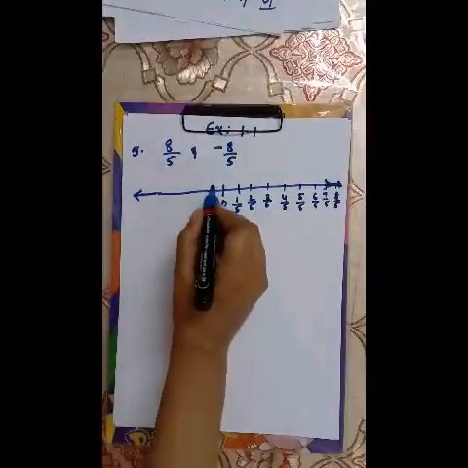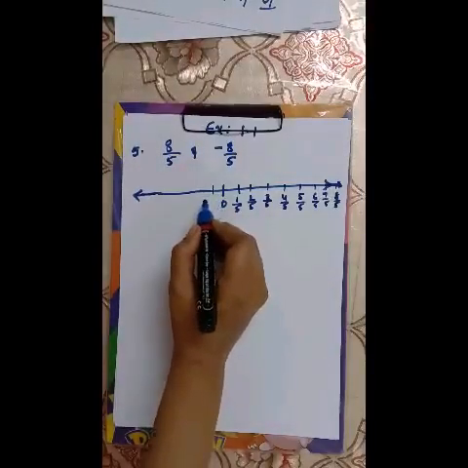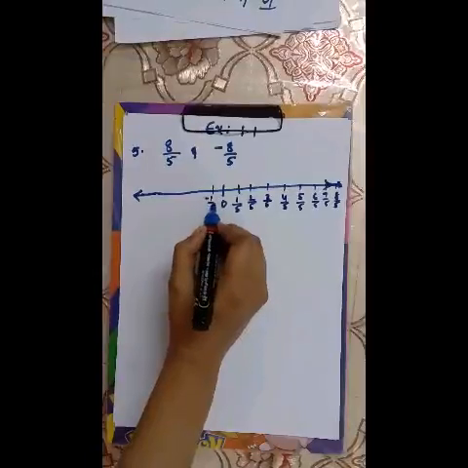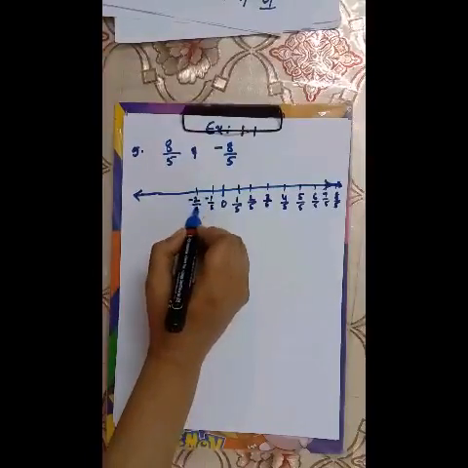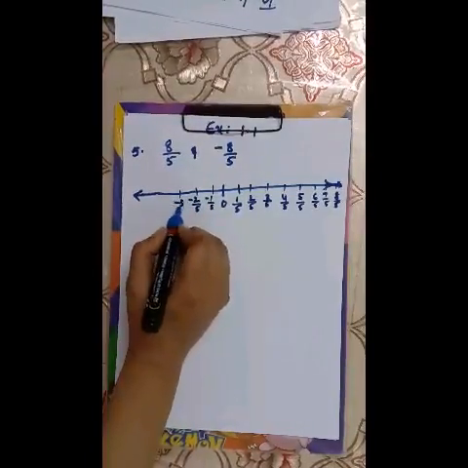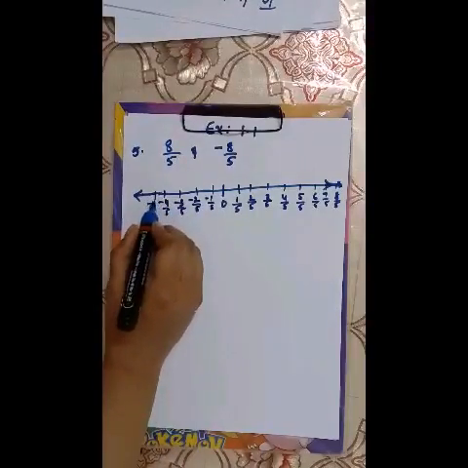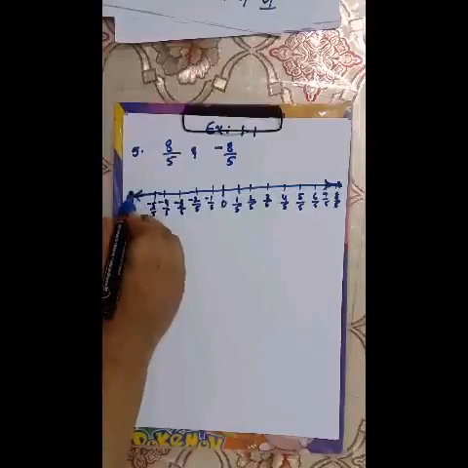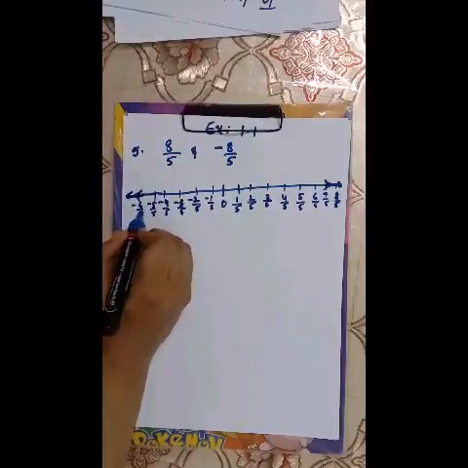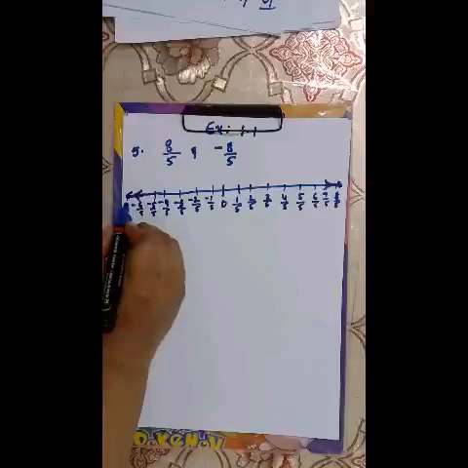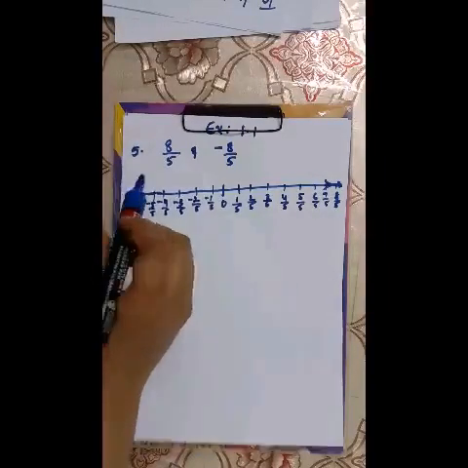Next, the negative side, that is minus 1 by 5, minus 2 by 5, minus 3 by 5, minus 4 by 5, minus 5 by 5, minus 6 by 5, minus 7 by 5 and minus 8 by 5.